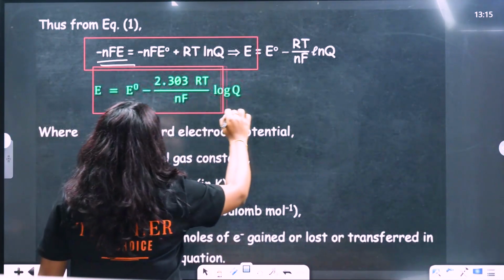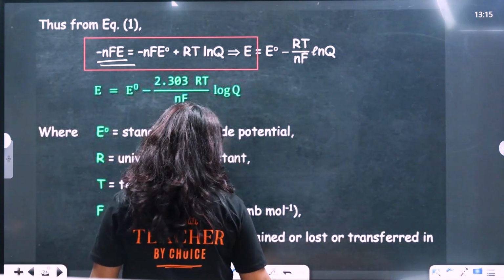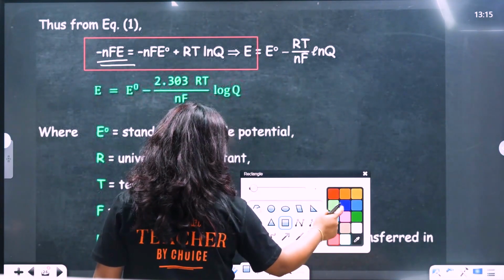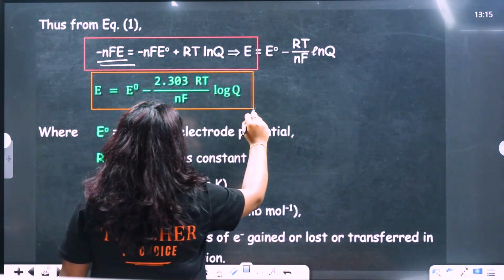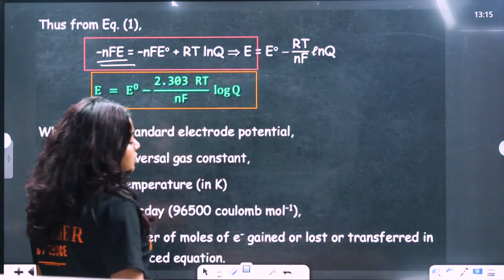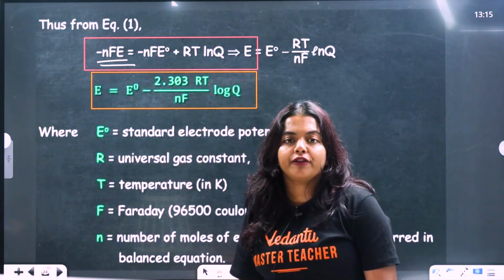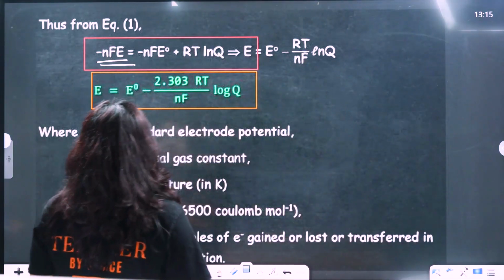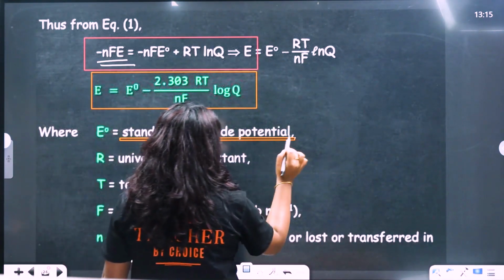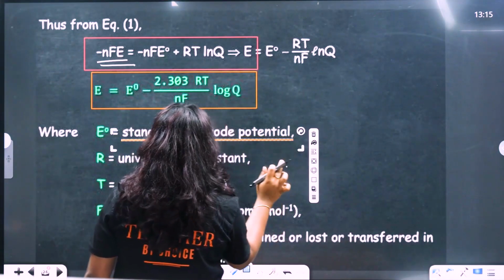This is a very important equation, my dear students: E is equal to E naught minus 2.303 RT by NF log Q, which is the reaction coefficient, where E naught is the standard electrode potential.